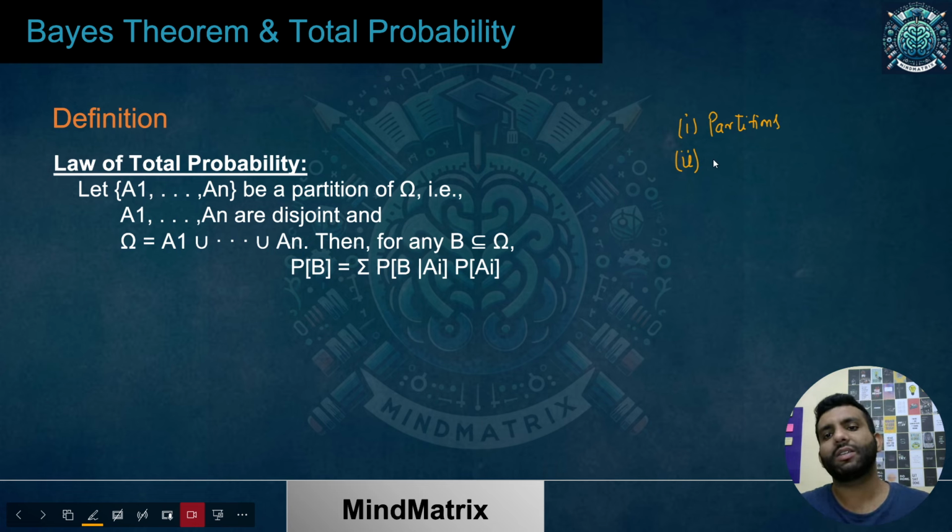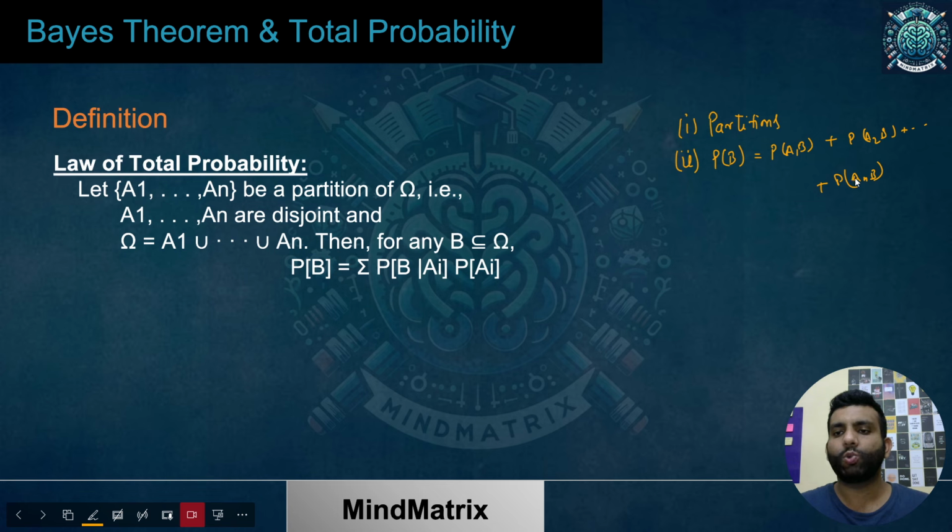The other thing is, I can write the probability of any event like this: P(A1 ∩ B) + P(A2 ∩ B) + up to P(An ∩ B).